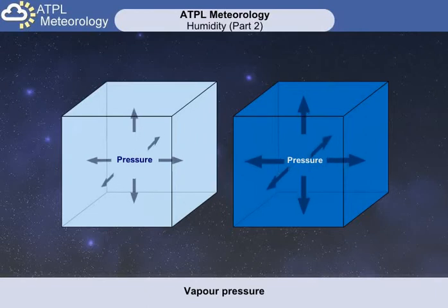Water vapor is the same. It is a gas. Therefore, it exerts its own pressure, and this we refer to as the vapor pressure. In our diagram, the box on the left has a lower vapor pressure than the one on the right. Therefore, the pressure being exerted on the walls of the container by the water vapor is less.